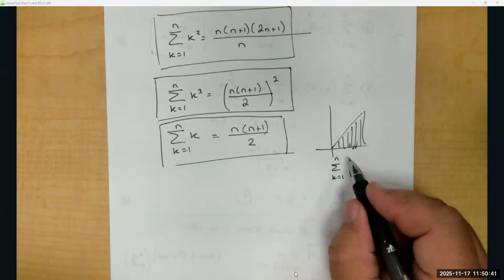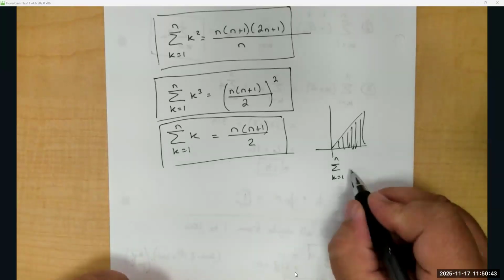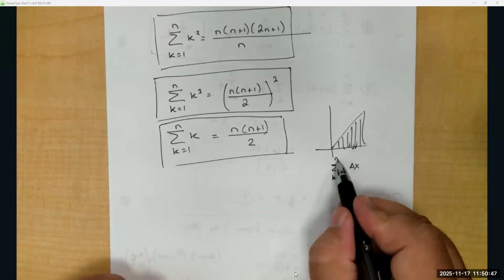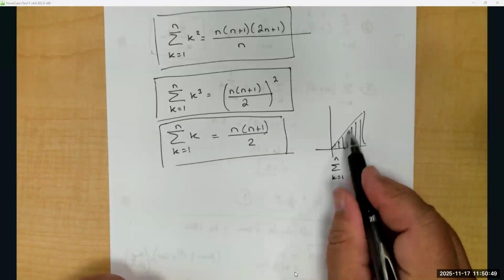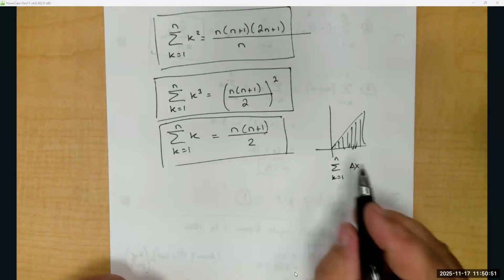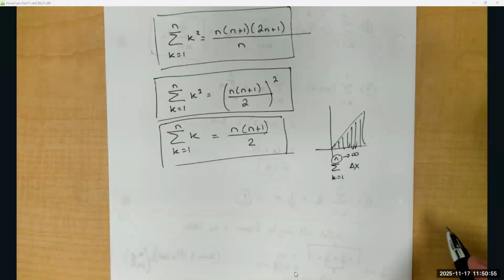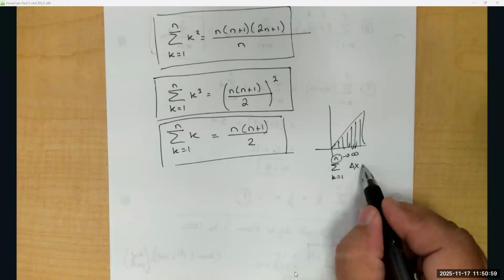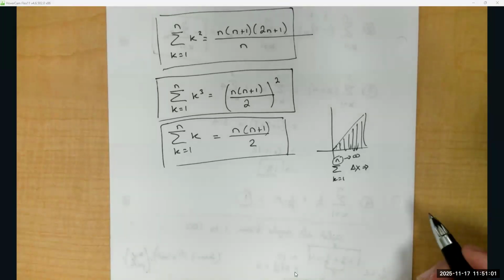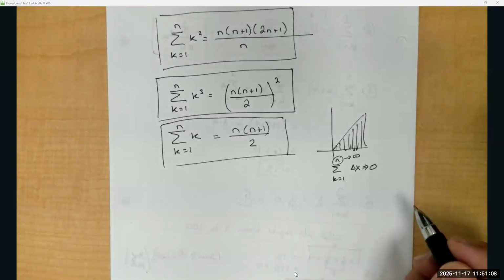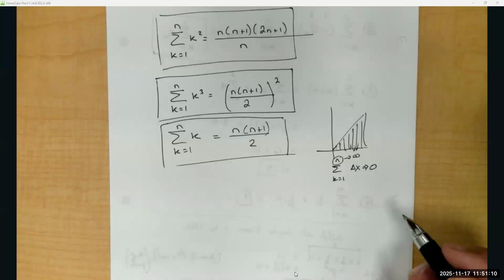So here's the dichotomy of it. We want more rectangles, right? So that means we need n to go to infinity. If n goes to infinity, what happens to the size of each rectangle? Eventually it goes to 0 as n goes to infinity.